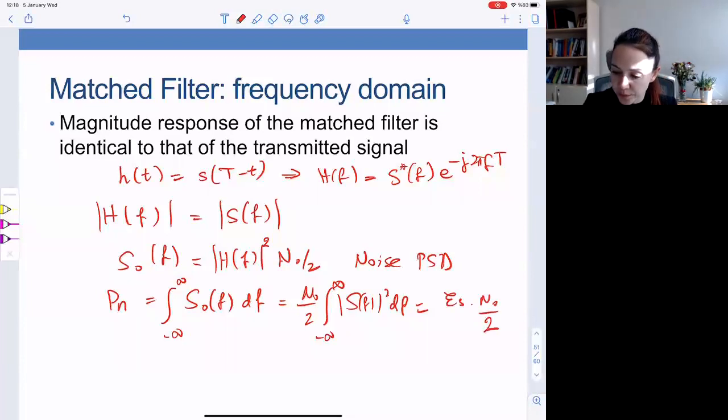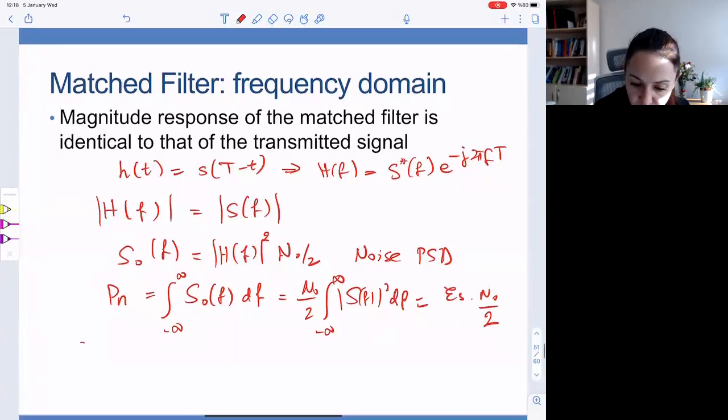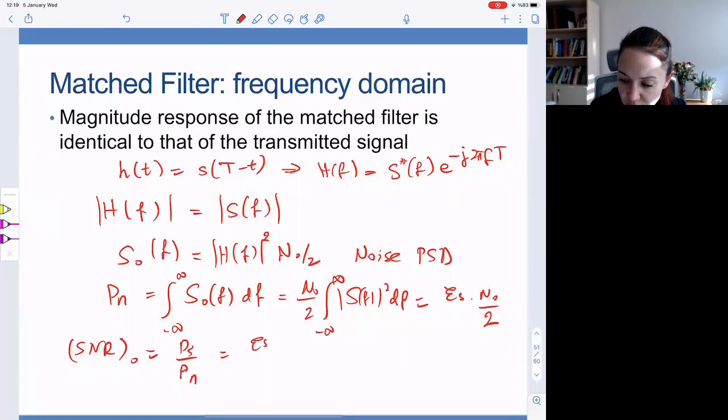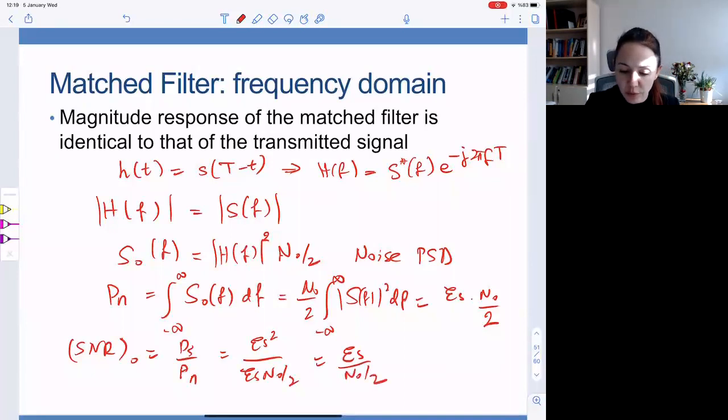Okay, that's the noise power. So the output SNR is PS over PN, which is Es squared over Es N0 over 2, which is 2Es over N0, which agrees with what we found before.